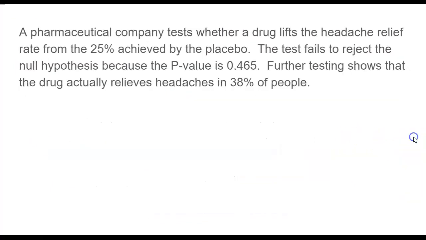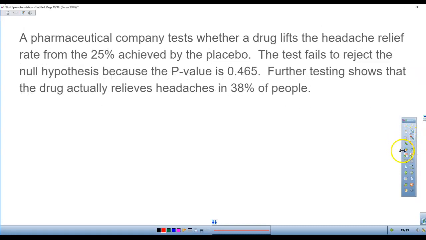It says a pharmaceutical company tests whether a drug lifts the headache relief from 25% achieved by the placebo. So right now they have a placebo, and that placebo can lift headache relief at 25%.